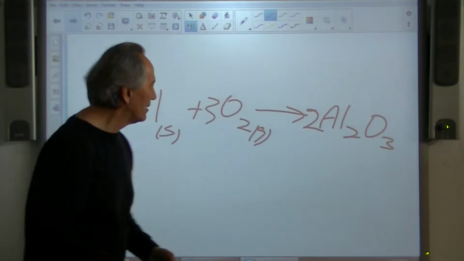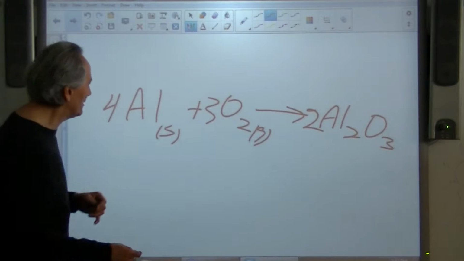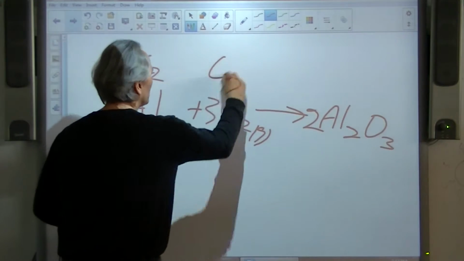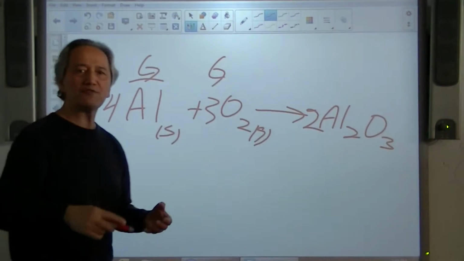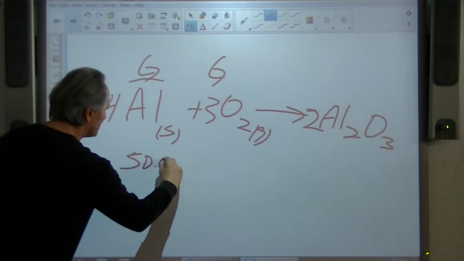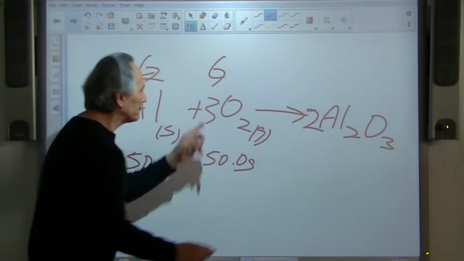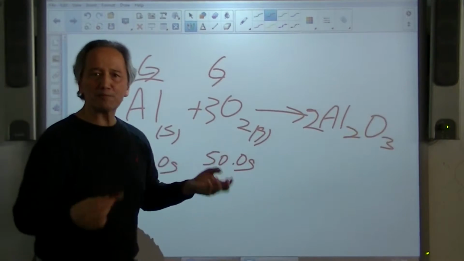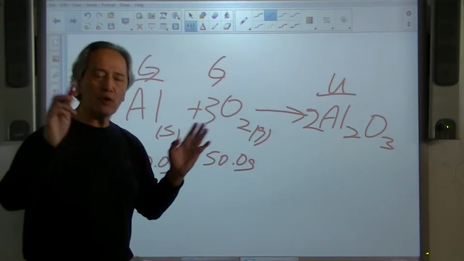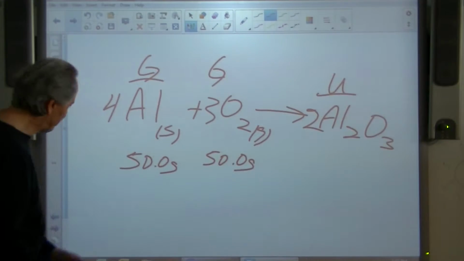In this problem, they state that the given amount of the 2 reactants, and I'm going to specify the given by identifying a G above those reactants, and I'm also going to specify the amount in the problem that's given, which is 50 grams of aluminum and also 50 grams given of the oxygen. The unknown I'm going to specify with the U, which is the aluminum oxide. And ultimately, one of the solutions that we're looking for is in fact the mass of the aluminum oxide.